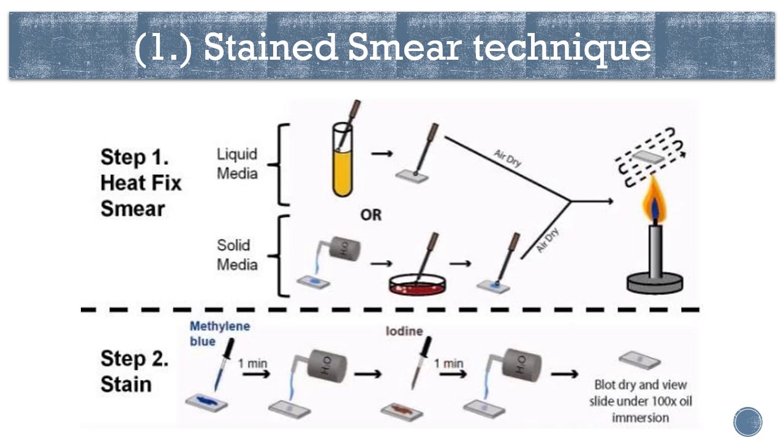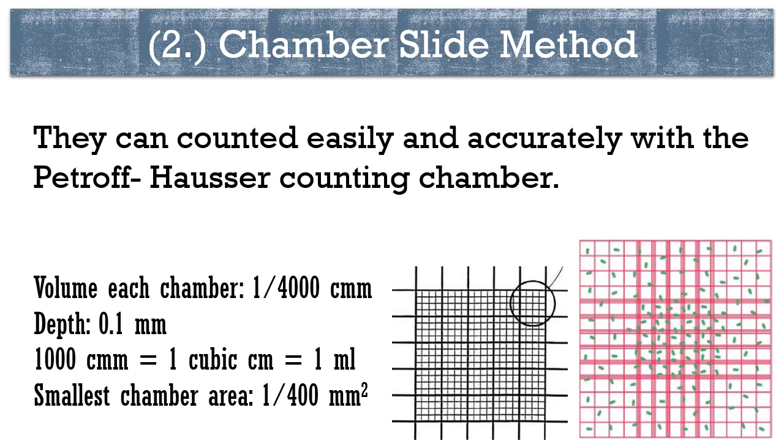You can also count the cell number on the slide, that is, what number of organisms are present on that particular smear. This method has a limitation, that it cannot give you an accurate count of the sample. The next method is the chamber slide method.